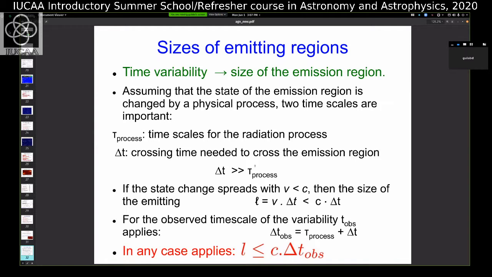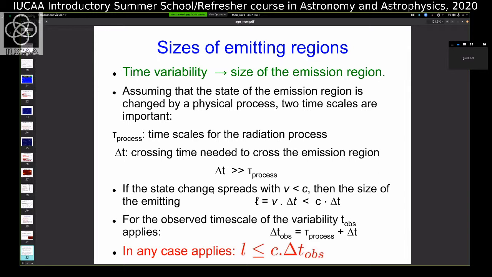Because the variability is by a factor of 2 or more, the entire emitting region has to participate in this variability event. So the disturbance which initially arises at the center of the spherical region has to travel with some speed in order to cover the entire emitting region. Let's call this crossing time delta T. Usually the time scale for this crossing is much more than the time scale for the radiation process, which is very short.